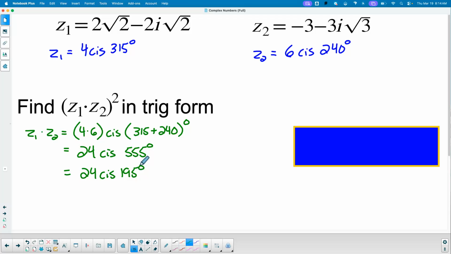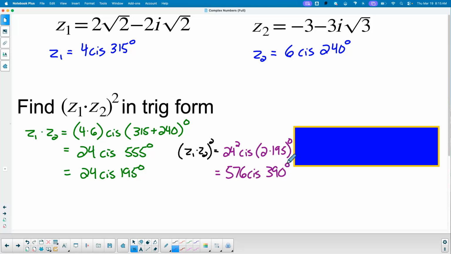Okay. And then we need to square that. So then that would be 24 squared cosine I sine of 2 times 195 degrees. 2 times 195 is 390. 24 squared is 576.